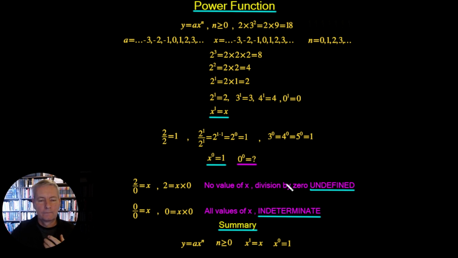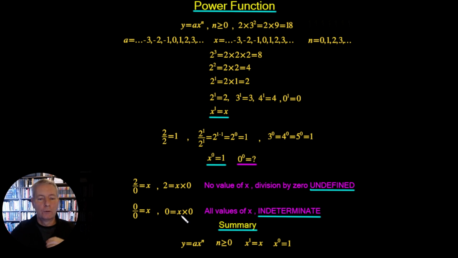There is no answer. But if we were to look at it the other way, if we had 0 divided by 0 is equal to x, then we could rewrite that as 0 is equal to x times some number 0. And then we could ask, how can we solve this equation here? Well, the solution for this equation is all numbers of x, because 1 times 0 is 0, 2 times 0 is 0, 3 times 0, 4 times 0.